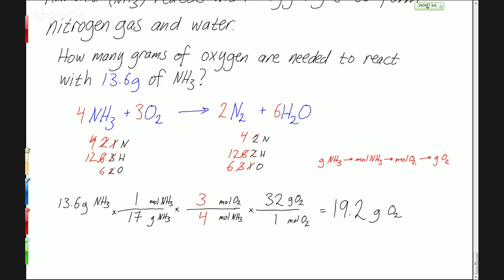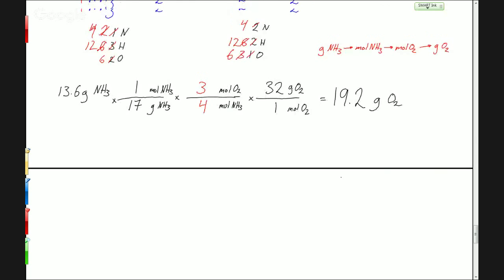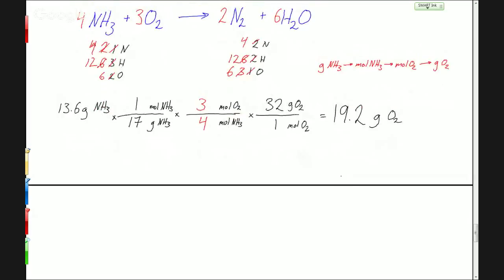All right, let's try. Same problem, same equation, but I'm going to ask something slightly different. So I'll leave that equation up there.